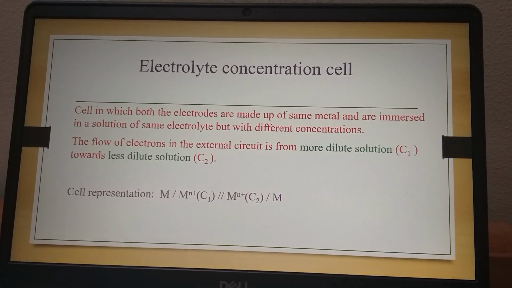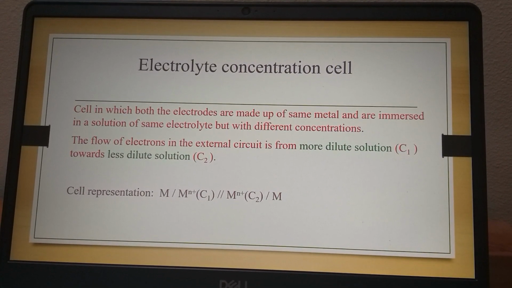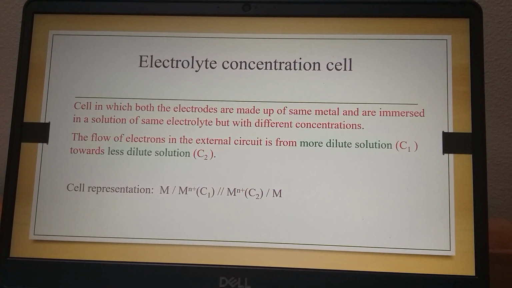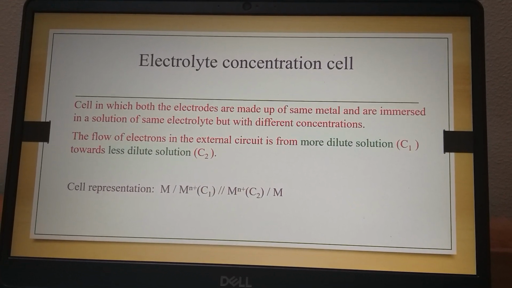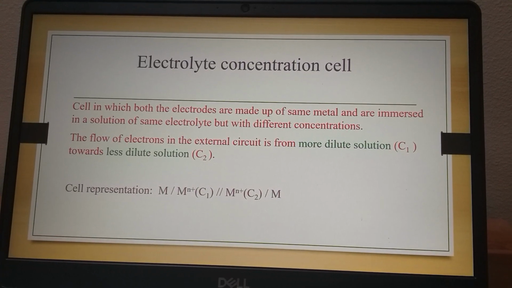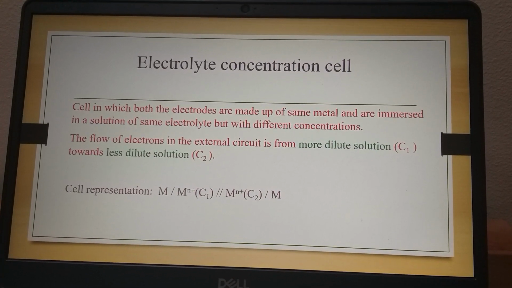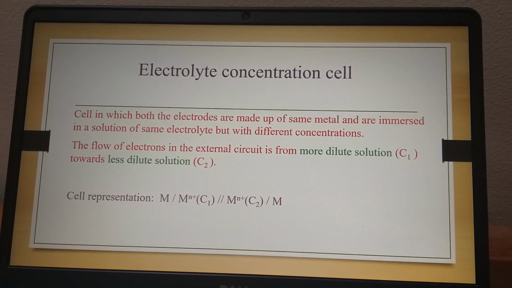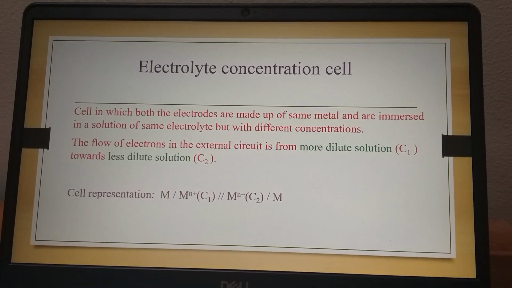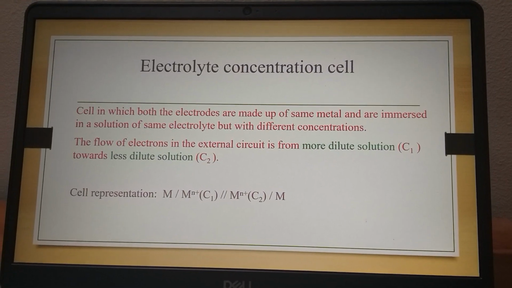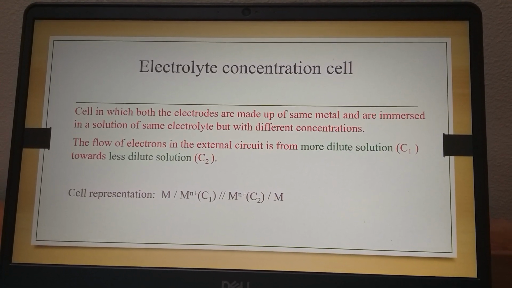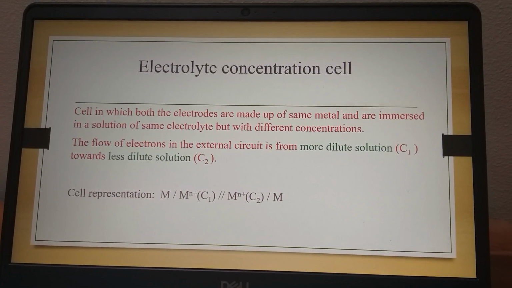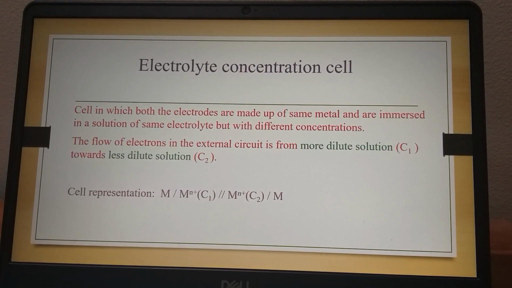As I have described, the electrodes in an electrolyte concentration cell are made up of the same metal. They are immersed in a solution of the same electrolyte but with different concentrations. The flow of electrons in the external circuit is from the dilute towards the concentrated solution.